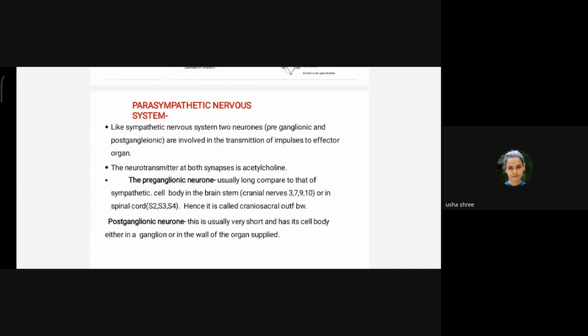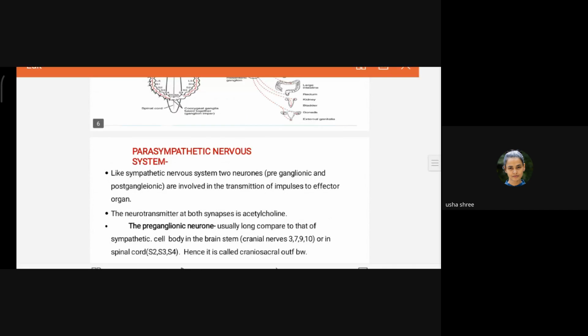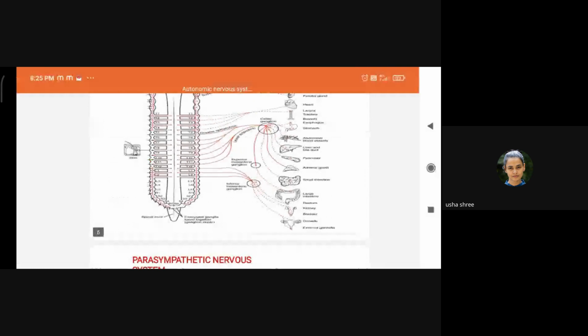In the sympathetic nervous system, we have seen one difference between the preganglionic neuron and postganglionic neuron: the preganglionic neuron releases acetylcholine in the synapse and the postganglionic neuron releases what? Noradrenaline, ma'am. Yes, very good, noradrenaline.